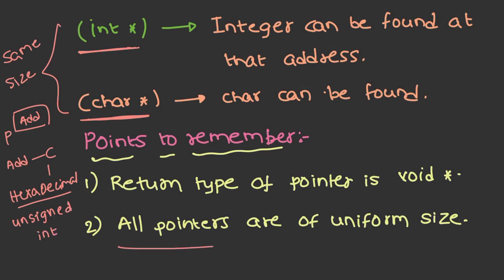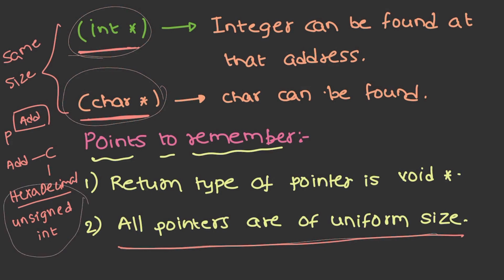So all pointers are of uniform size. Even if it is an integer pointer or a character pointer, every pointer stores an address and the address is of the format unsigned integer. So all pointers are of uniform size. This point is very important.